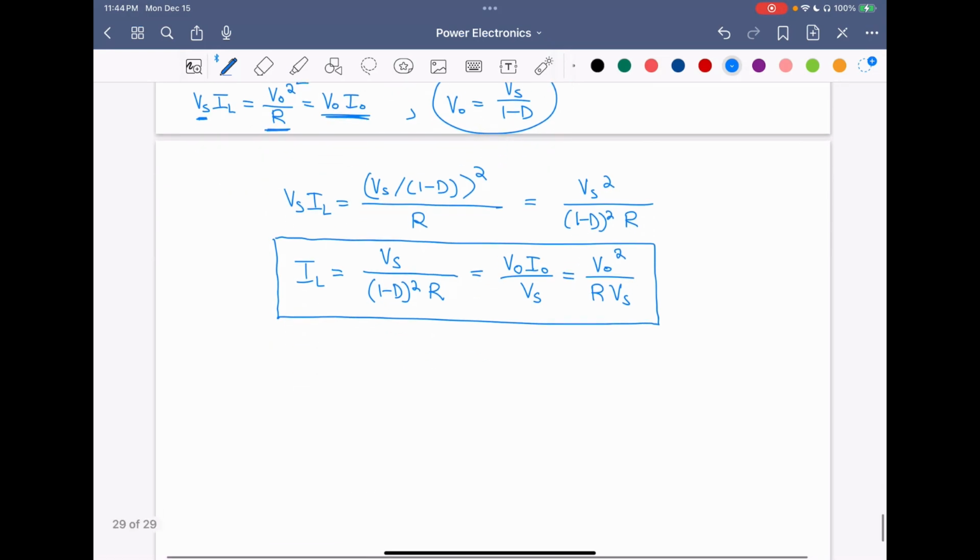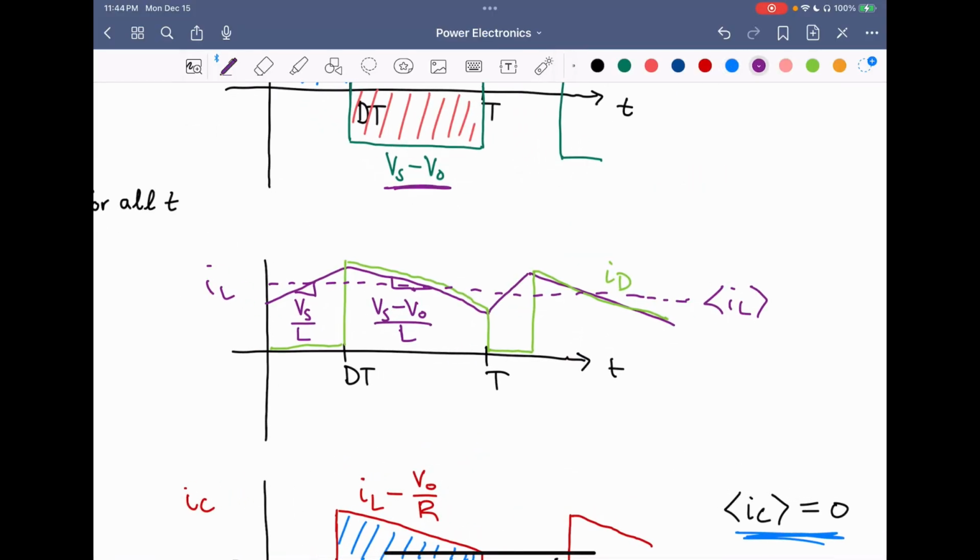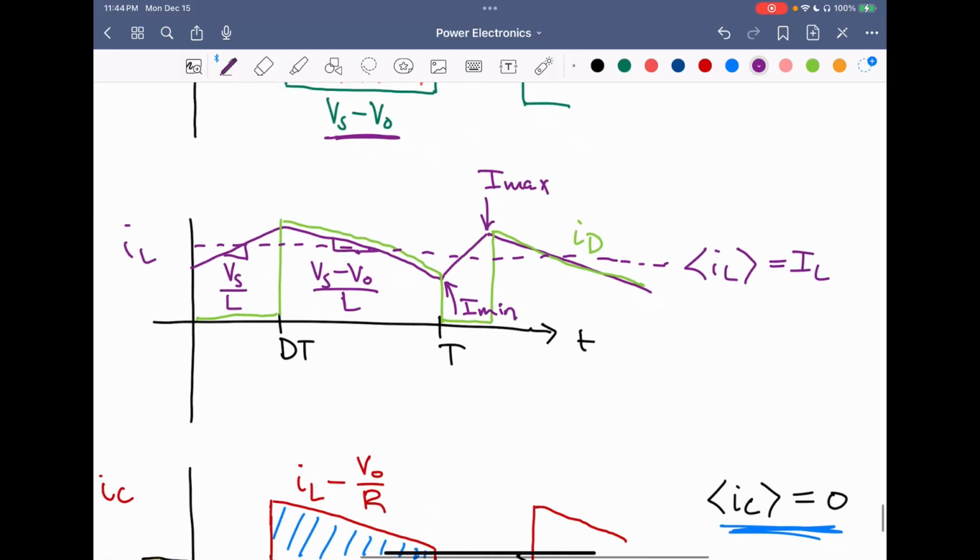Now, what about the maximum inductor current and the minimum inductor current? So we found the DC inductor current. What about this maximum point here, I max, and this minimum inductor current here, I min?